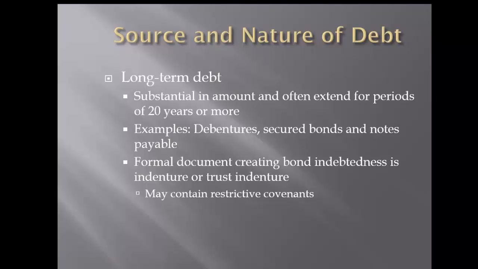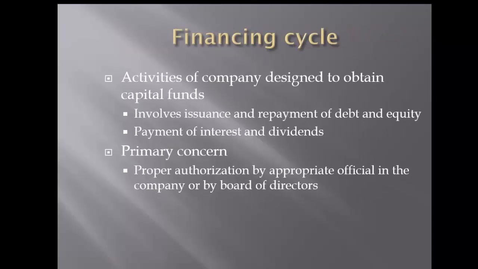So we need to understand the covenants, any restrictions as to use or as to maintaining a specific equity or other analytics related to financial performance. We need to understand that. But in any event, all of these long-term debt documents are going to be a part of our permanent file because we're going to be referring to these every year.